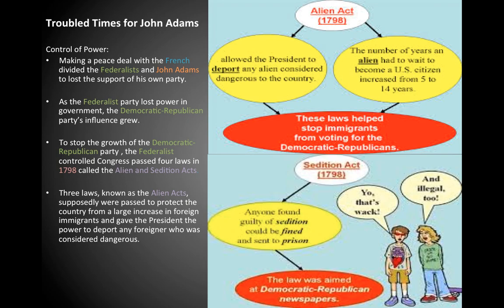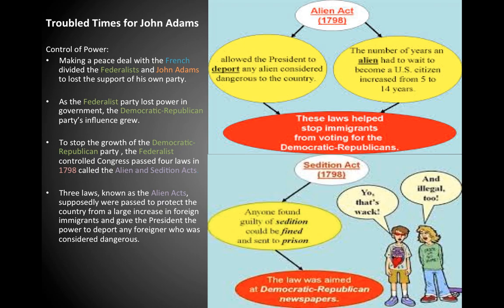Also, it made it difficult for an alien or a new immigrant to become a citizen. It went from 5 years to 14 years, which forced the immigrants to have to wait in the United States longer, right? Preventing them from voting and making it a lot longer before they could vote.